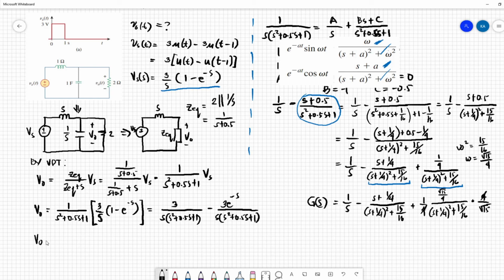Now our Vo of s is equivalent to 3 times G of s minus e to the negative s G of s.